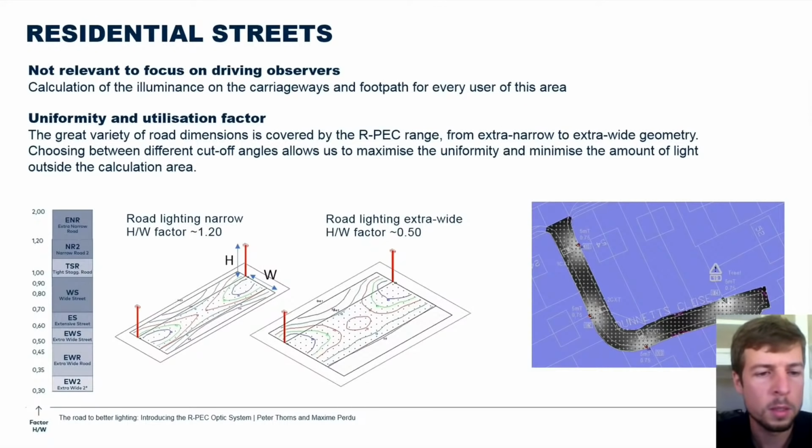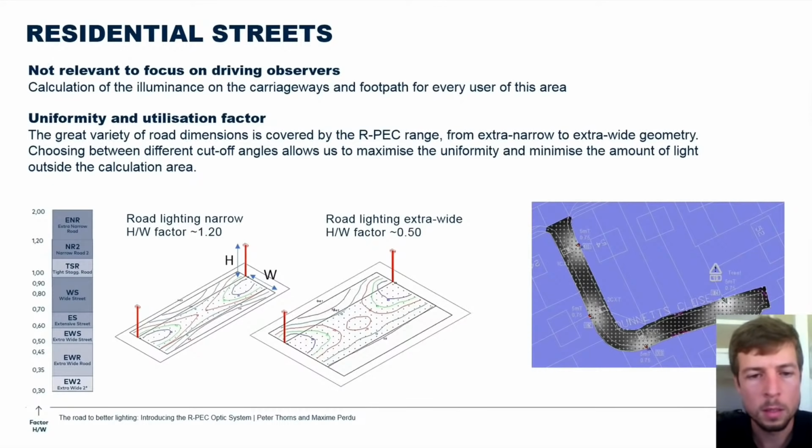For example, what is easy to make is the ratio between the height of the pole and the width of the street. It can give a quick overview of which optic from our range is the best candidate to improve the uniformity and also to maximize the utilization factor.